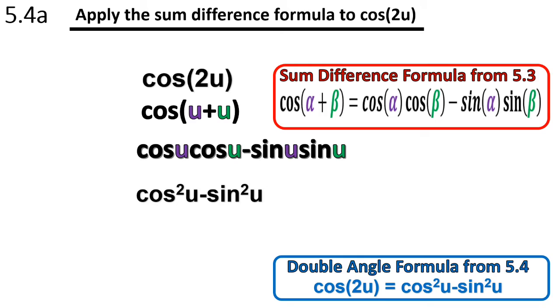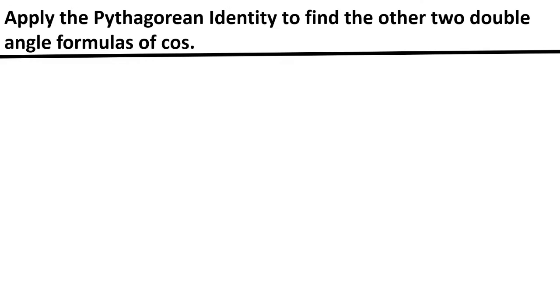There are three double angle formulas for cosine. Let's derive the other two double angle formulas for cosine. We can do this by applying the Pythagorean identity to find the other two double angle formulas.